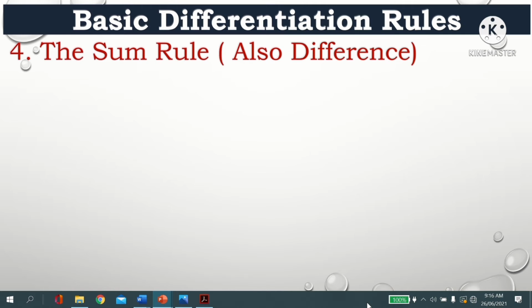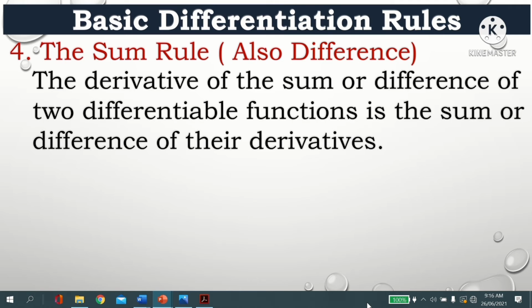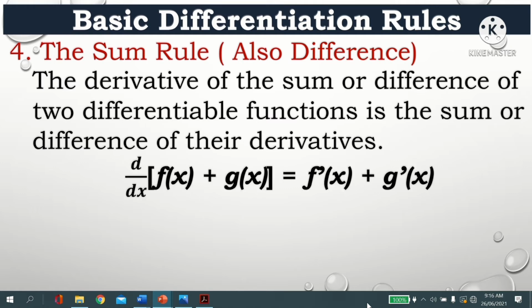So it is also pertaining to the difference kasi po yung principle po ng sum rule is also applicable to the difference. According to this, the derivative of the sum or difference of two differentiable functions is the sum or difference of their derivatives. So very self-explanatory. So this is the representation.